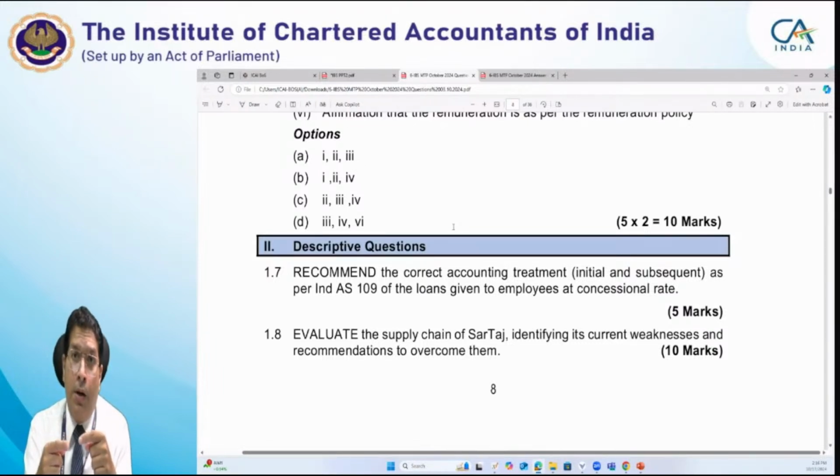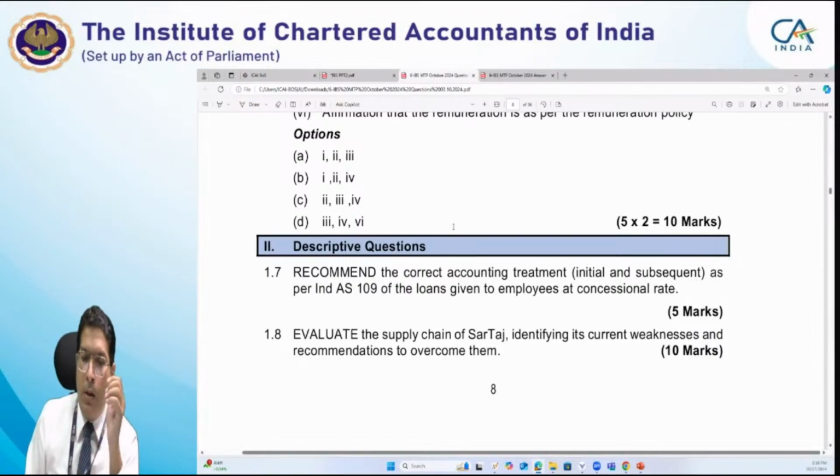When you start reading this case study, please keep in mind you have to apply Ind AS 109. Second is evaluate the supply chain of Sartaj, identifying its current weaknesses and recommendations to overcome them. Again, when you read this case study, think from a supply chain management perspective.